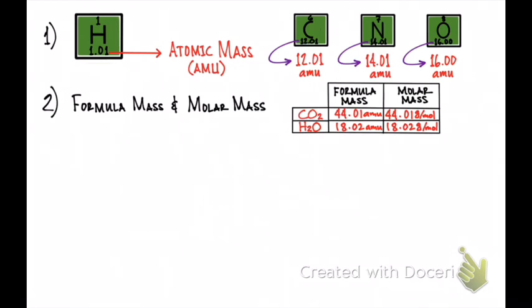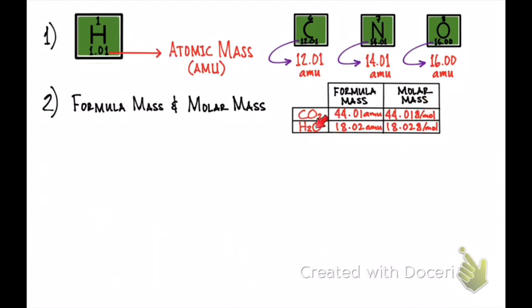To determine the formula mass, all you have to do is add the atomic mass of carbon plus 2 times the atomic mass of oxygen. That would be 12.01 plus 2 times 16, and you should get 44.01 AMU, the formula mass. The molar mass would simply be the same number, except in a different unit: grams per mole.